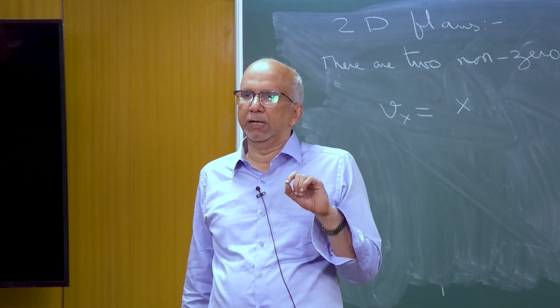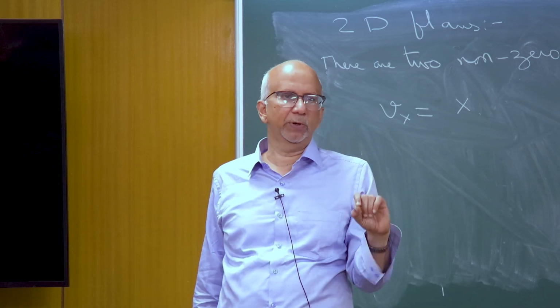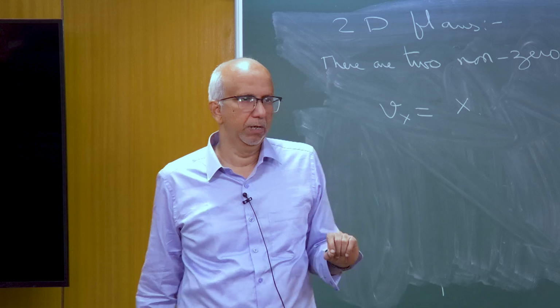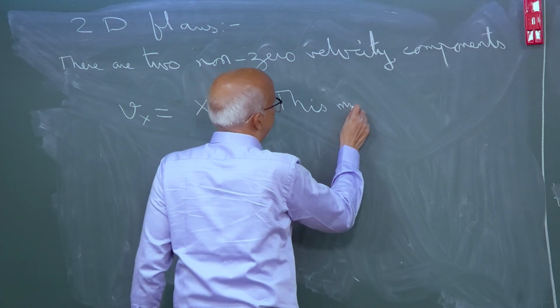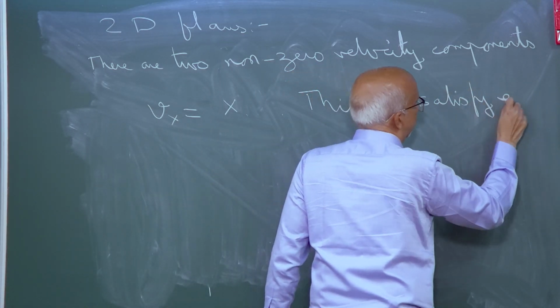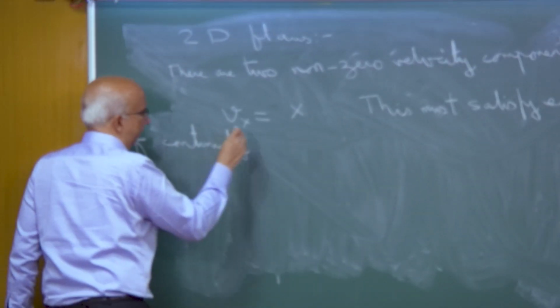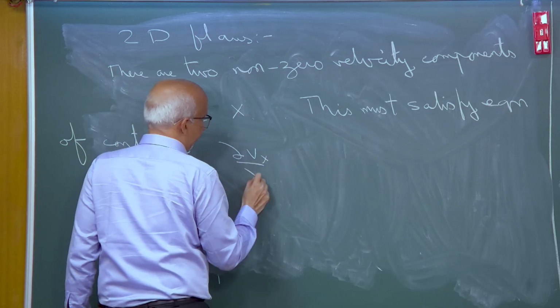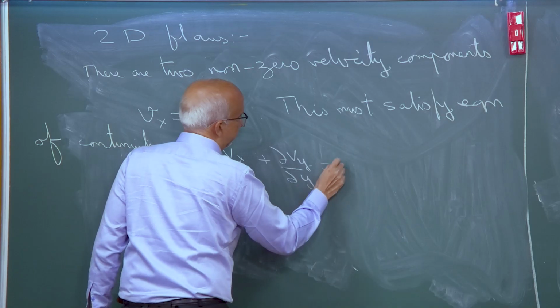So, clearly I want to make sure that my velocity field satisfies the equation of continuity, correct. So, this must satisfy the equation of continuity, and in the rectangular coordinate system dVx/dx plus dVy/dy must be equal to 0.